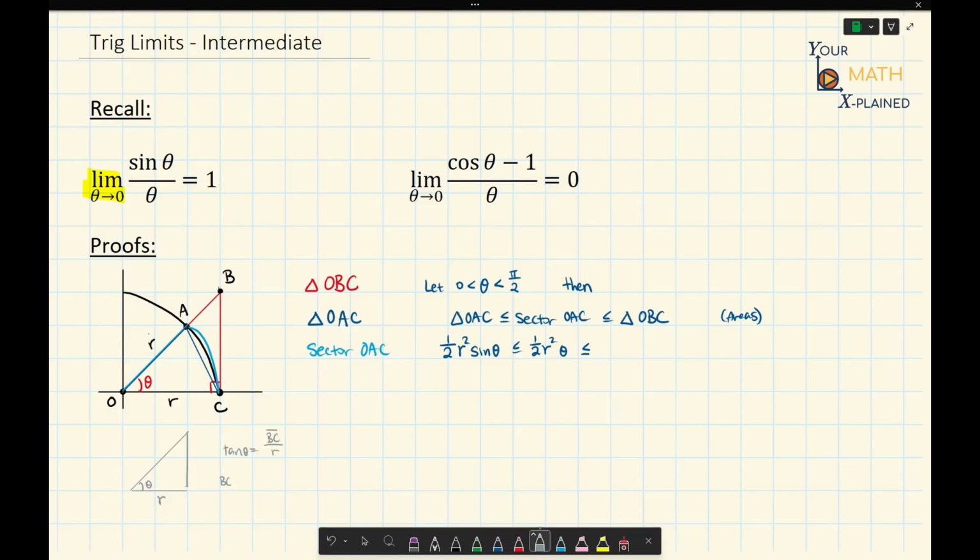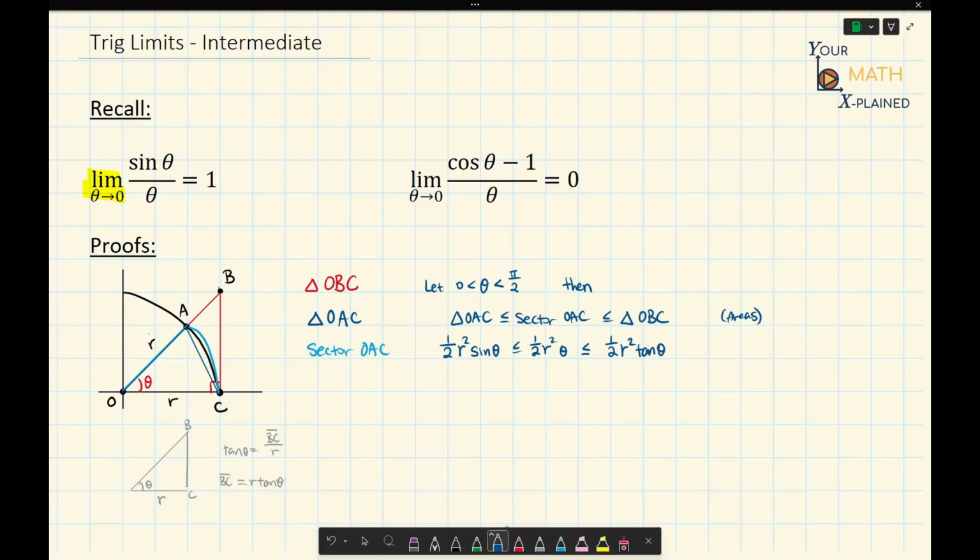Therefore, the height is equal to r times tan theta. So this is our BC. And the area of that triangle is half of the base times the height, so that is 1/2 times r squared times tan theta.